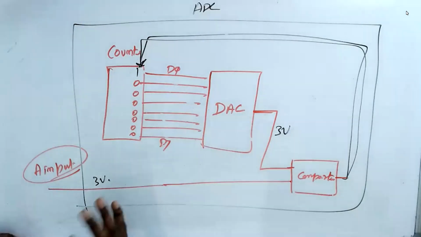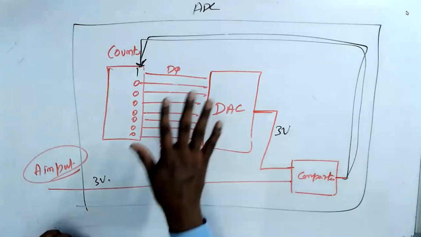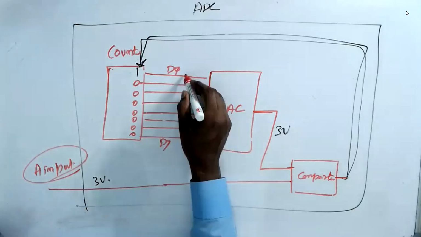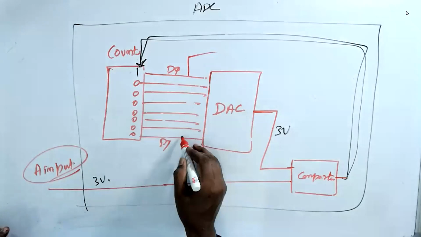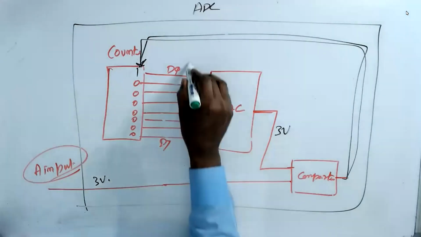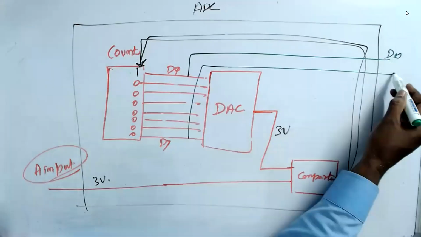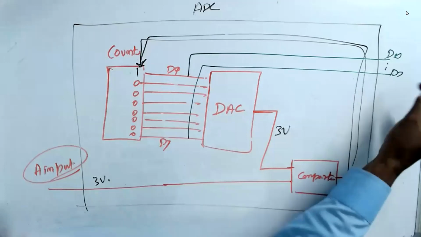But this is a very interesting one, because every day you are hearing that sound. See, now what happened? These 8 bits, D0 to D7. All the wires are coming out. This is the digital output.